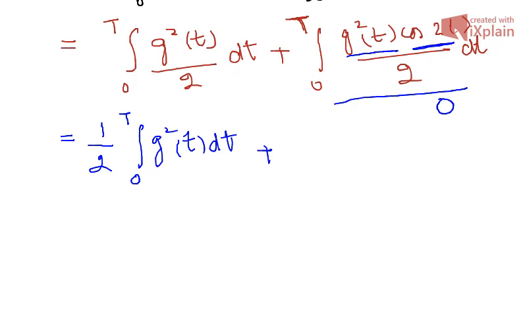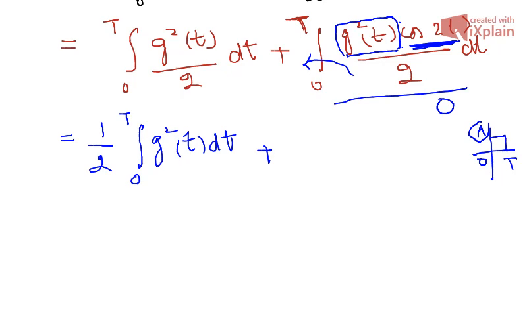Suppose g is a pulse of amplitude A, some positive level between 0 and T. Then A squared over 2 is a constant that comes outside of the integral, and you are left with just a cosine wave.